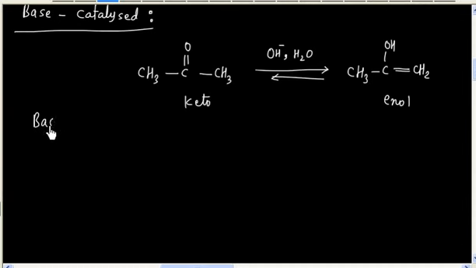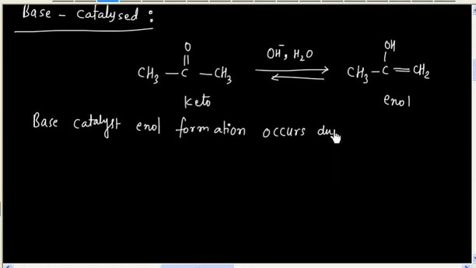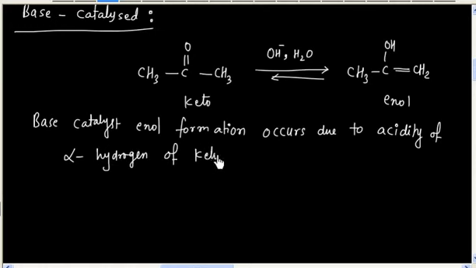Base catalyzed enol formation occurs due to acidity of alpha hydrogen of keto form.